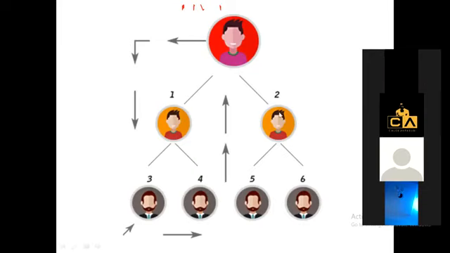Now this is how the matrix works. It's a 2x2 matrix. The reason we call it membership profit cycle is because it is not driven by team. It is driven by the general growth of the system.